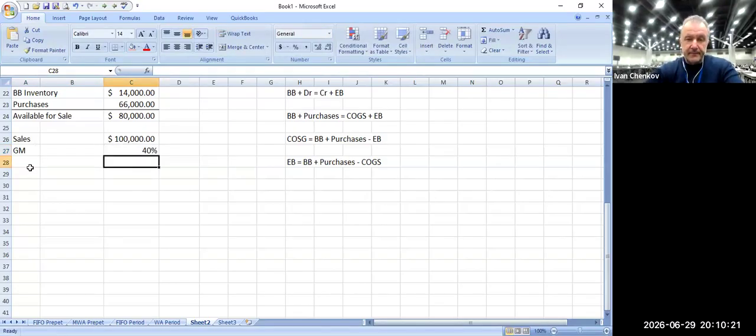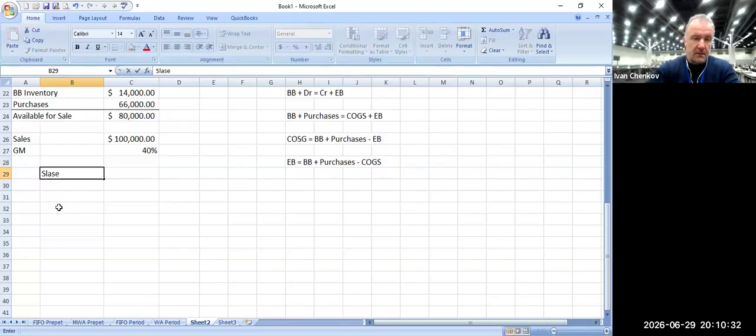Well, that's great. Why? Because what I can do is the income statement, first part of this. And what will be the income statement? I'm going to have sales, and I'm going to have cost of goods sold.